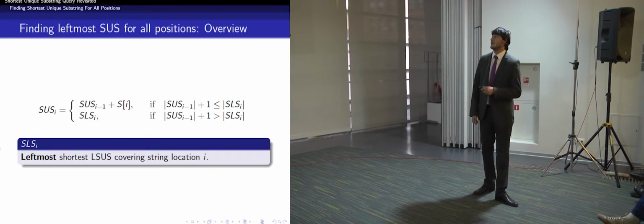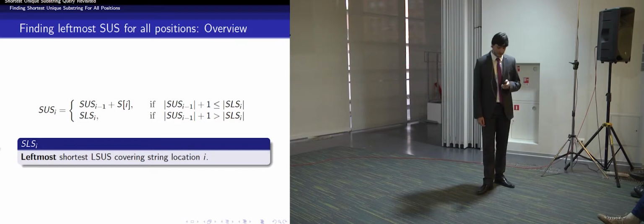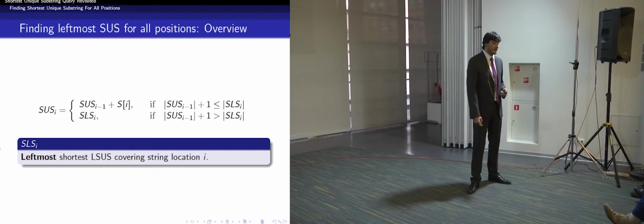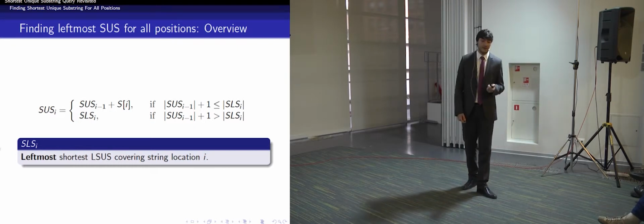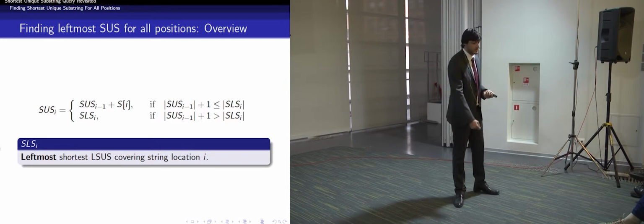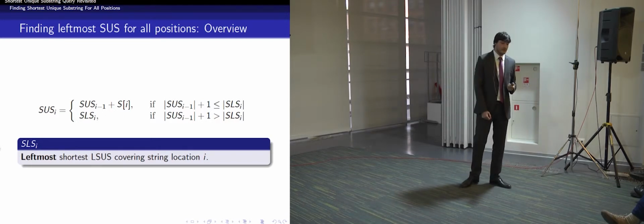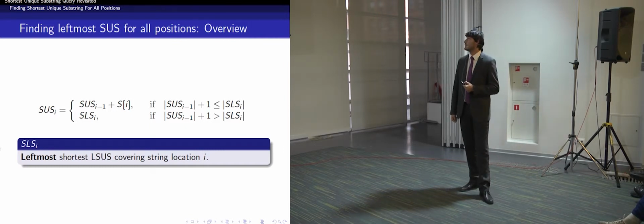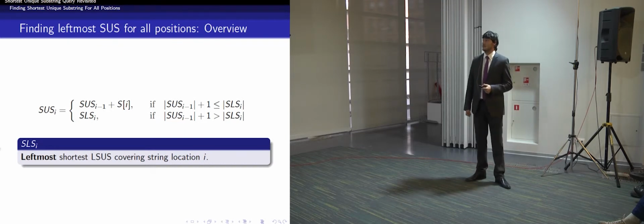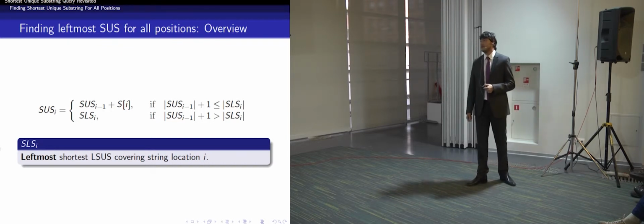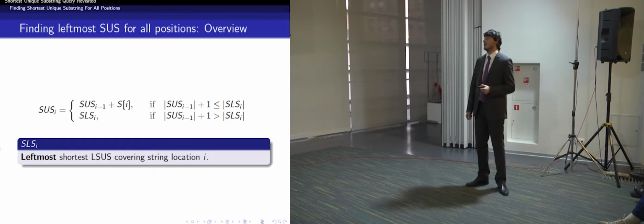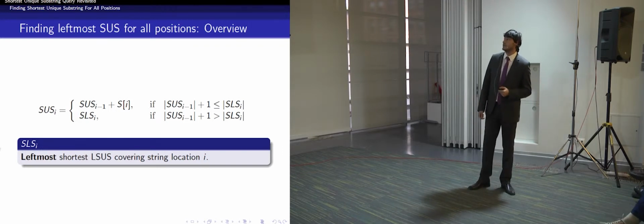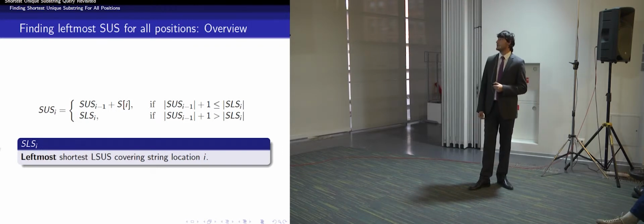For our algorithm, it depends on the fact that every shortest unique substring is either itself an LSAS or the right extension of an LSAS. We need to determine which case is which with this condition. First, SLS i, the shortest left-bounded substring i, is the leftmost shortest LSAS covering position i. It's another definition. Let's look at the condition now.